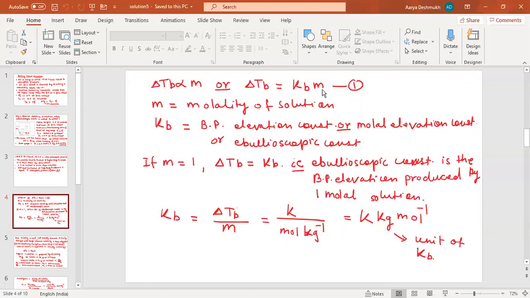If you want to find the unit for this KB, the molar elevation constant, K is the unit of temperature, and molality is moles per kg. So the unit for this will be K kg per mole. This is the unit of KB, the molar elevation constant.